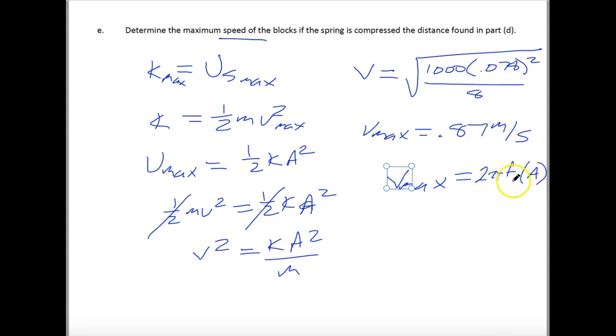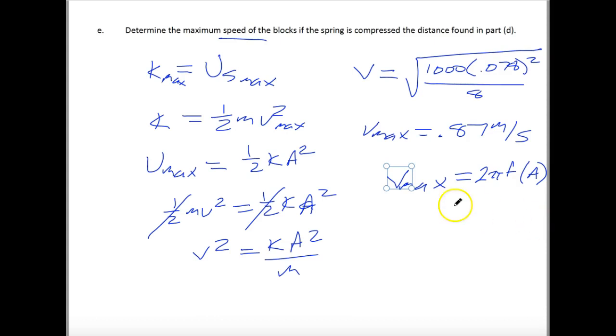And remember, 2 pi f is really just the rotational frequency or the angular velocity, and so you could have put that in there too. But nonetheless, I think doing this one is probably a little bit easier to think about as you go through.